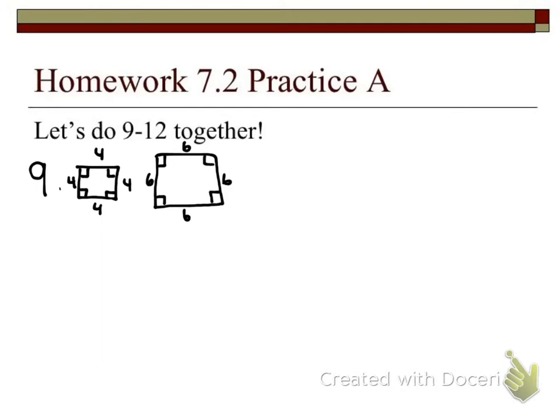Now, if you set up a ratio for the sides, it'd be 4 over 6, and 4 over 6, and 4 over 6, and 4 over 6. So are these similar figures? Yeah.